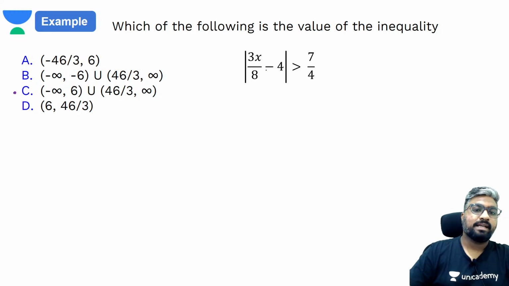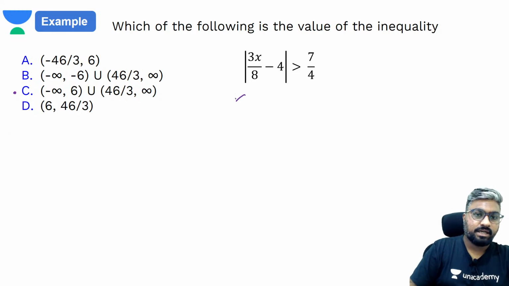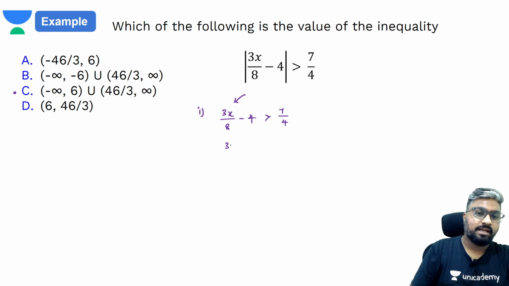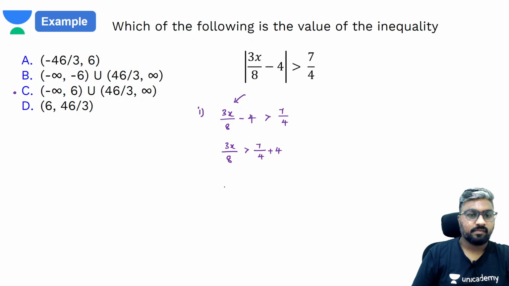Okay, first we'll do it in the traditional method. Case 1, we will have |3x/8 - 4| greater than 7/4. Take the 4 to the other side, you will have 3x/8 greater than 7/4 + 4.